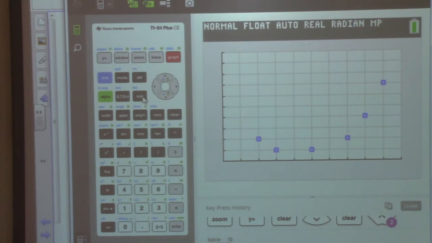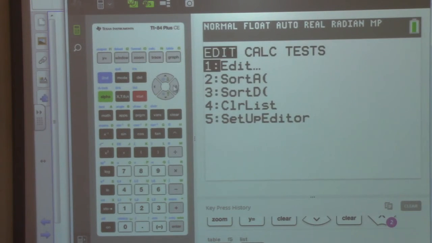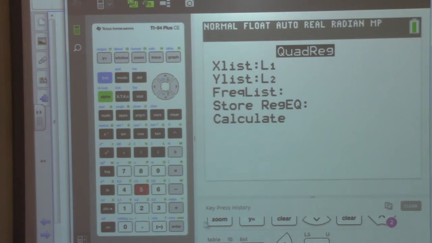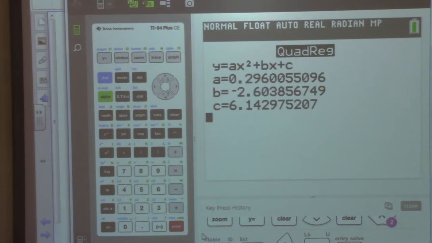And where do I go for that? Stat, calc, 5. So 5, and enter, enter, enter, enter, one last enter. So this is what you get.